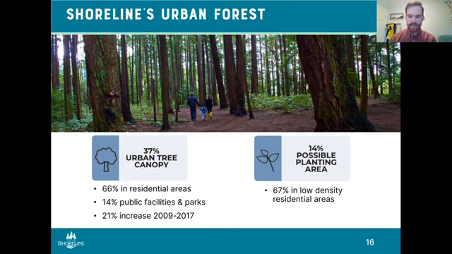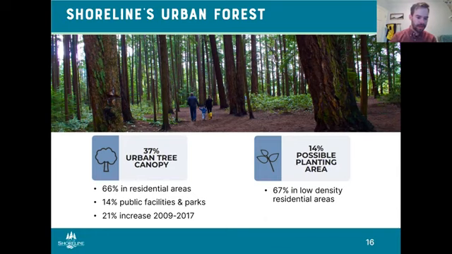And you can see, at that time, we had a 37% tree canopy cover, and 14% of the surface area of the city was identified as possible planting area. So area that had space and use that could support additional trees. And the rest being either hardscape or road or another use, say a ball field, that we didn't consider as possible planting area, and then some breakdowns under that.